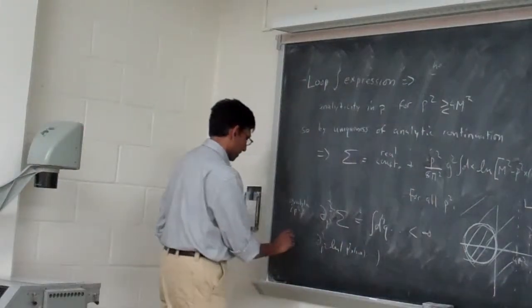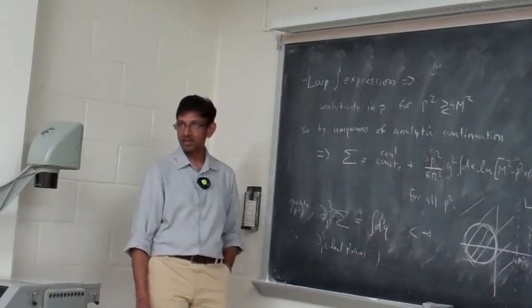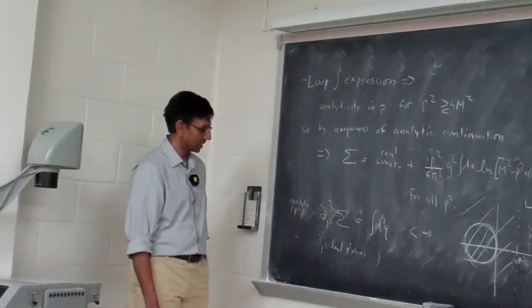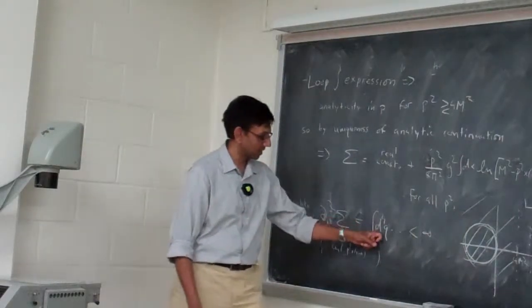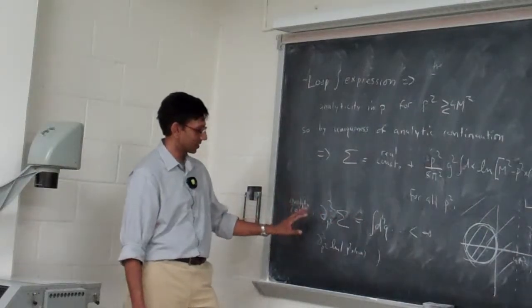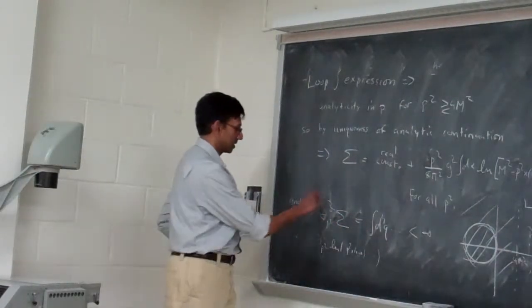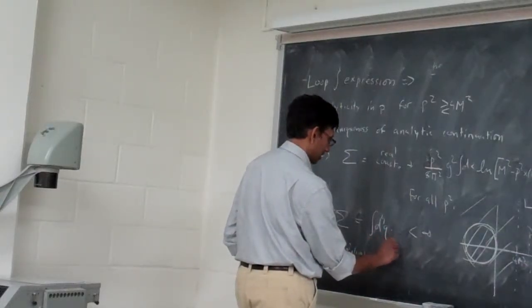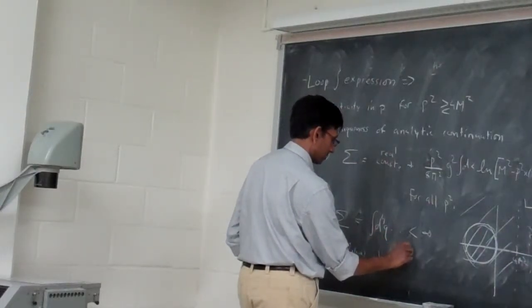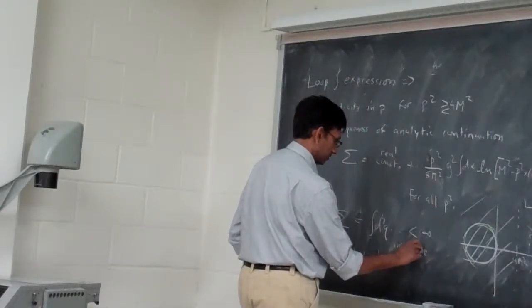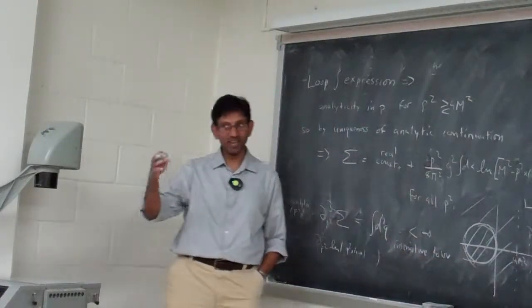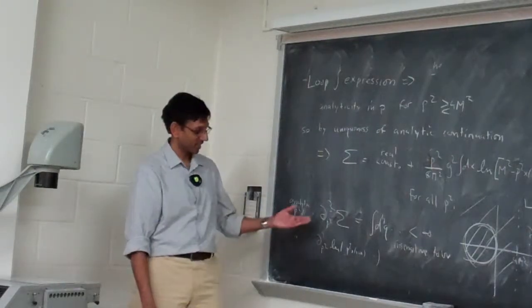And this is also analytic in p squared. So the statement that we need is in this expression here. Before I did any analytic continuation, we just need that this is insensitive to the UV, by which I mean any heavy particles, etc., etc.